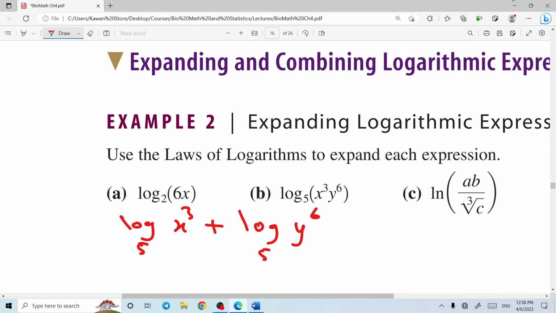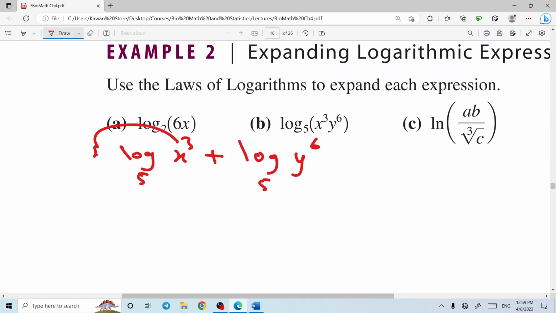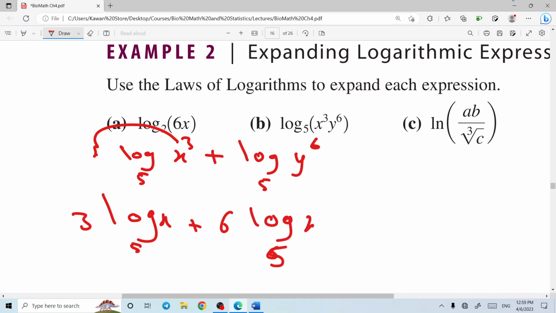Do you have any problem? Then use the third rule. How? Bring this one down. I say expand, simplify. So I'll get what? 3 log, 6 log. Kindly do not touch the base. Do not touch the base. You cannot touch the base.